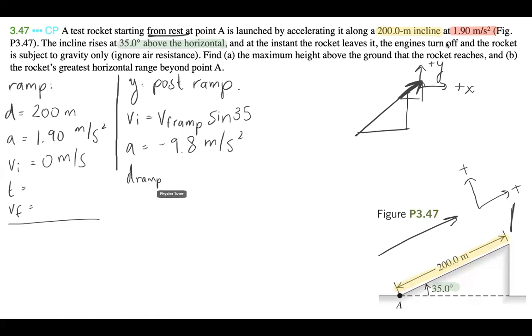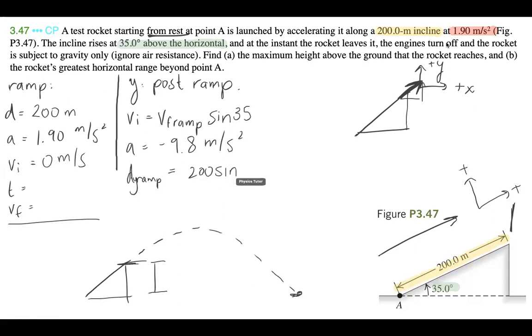So if we have this ramp, it's going to go in this sort of motion, and then it's going to go back down. But the difference between this and this is just the height of the ramp. So we can say dy ramp is equal to 200 sine 35. And we don't really know how long it's going to take or what this final speed is going to be. We don't know that.